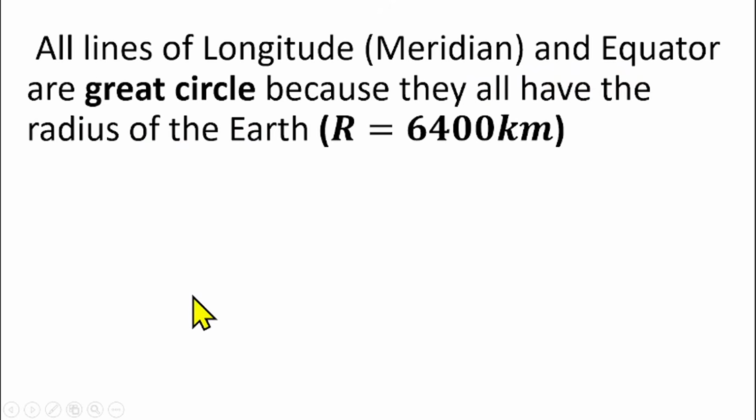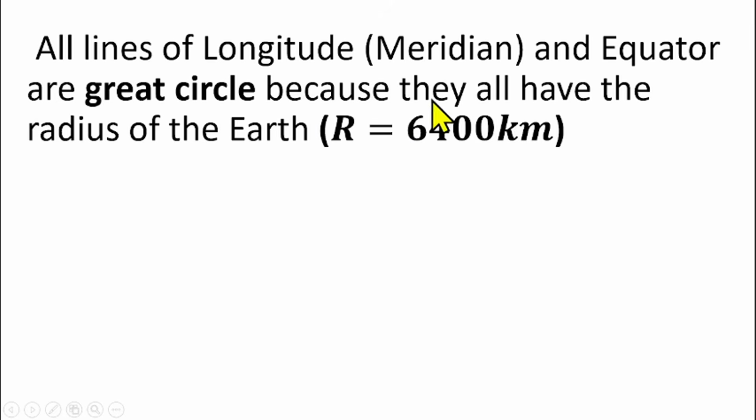Any line of longitude plus the equator, because we know that the equator is not a line of longitude, it's a line of latitude, are called great circles. So that means from all the lines of latitude that we have, it is only the equator that is a great circle. But of all the lines of longitude, all of them are great circles.